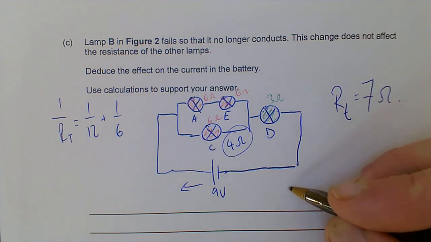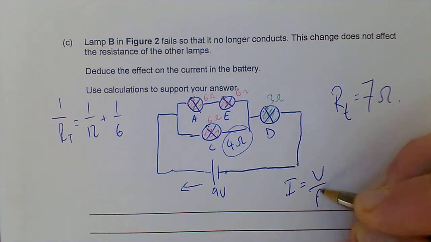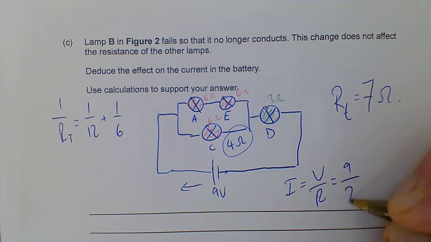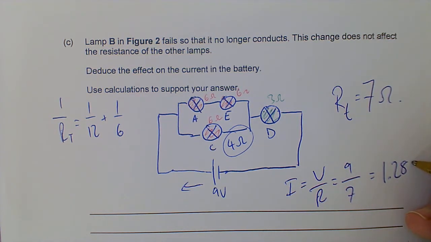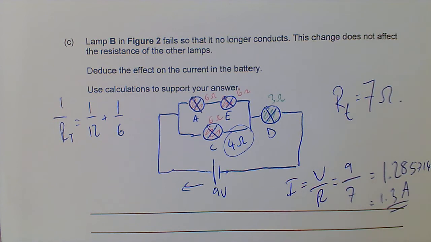So we have I equals V over R equals 9 over 7, which is 1.285714 amps. Let's round it to 1.3 amps to 2 significant figures.